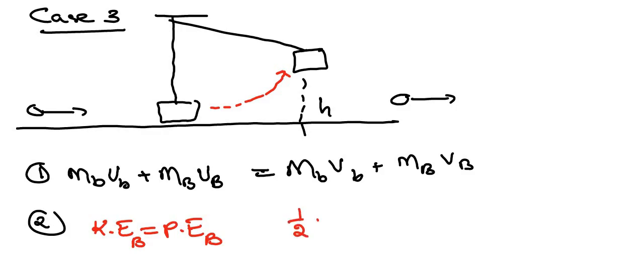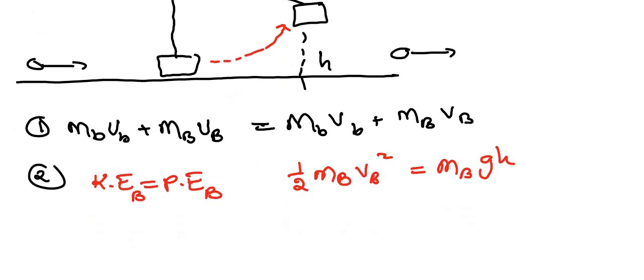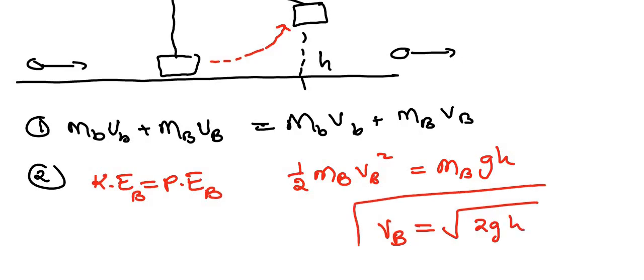The kinetic energy of the block, half m v squared, is equal to mgh, the potential energy. So the mass of the block can cancel, the half can cancel, and we have the velocity of the block equal to the square root of 2gh. So we have this other equation for this case, when you make the velocity of the block the subject of the formula.